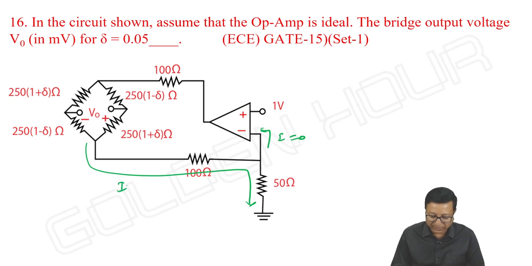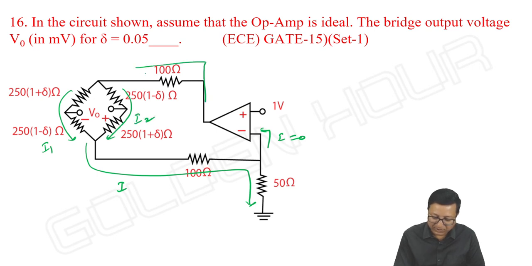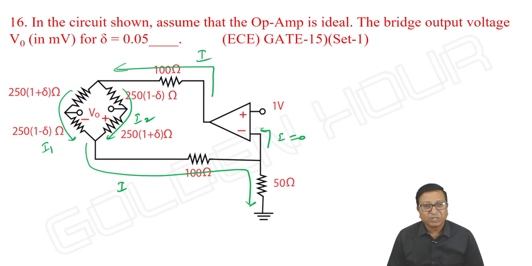Let me take this current I, and these currents I1 and I2, so this current is again I. Once you understand that, things get over. This is 1 volt, and due to virtual short, this is also 1 volt. So I is equal to 1 by 50 amperes.